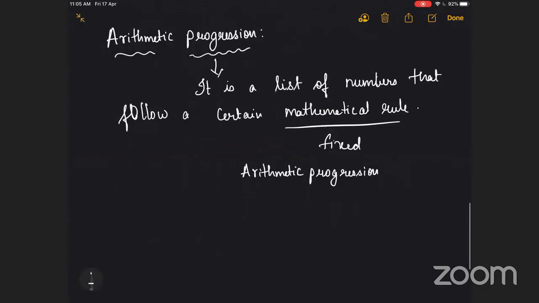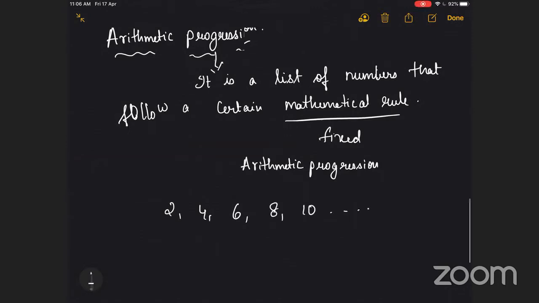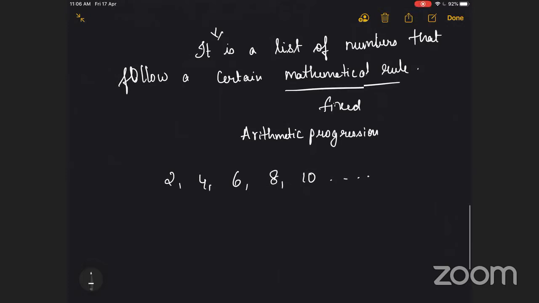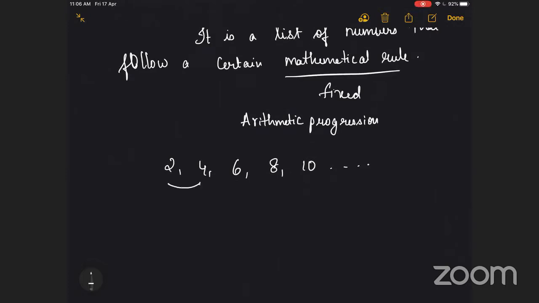if we take, for example, a group of even numbers, 2, 4, 6, 8, 10, and so on. If we see, there is an increment of plus 2 everywhere.